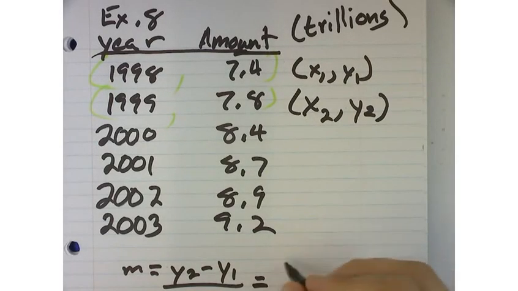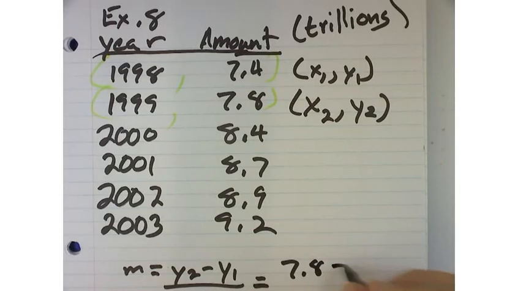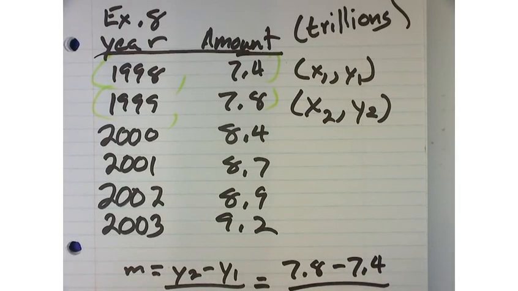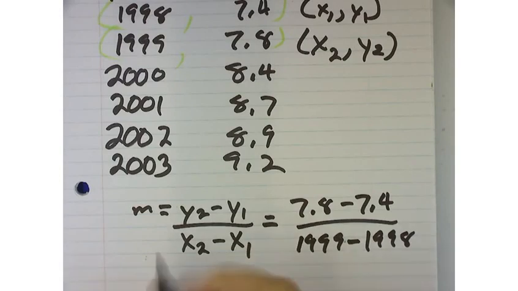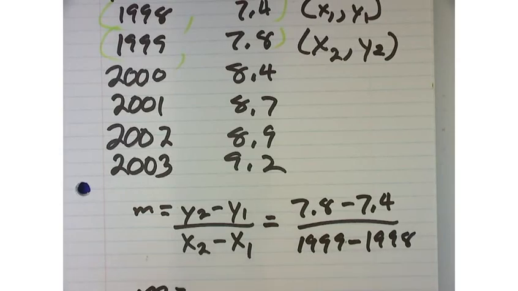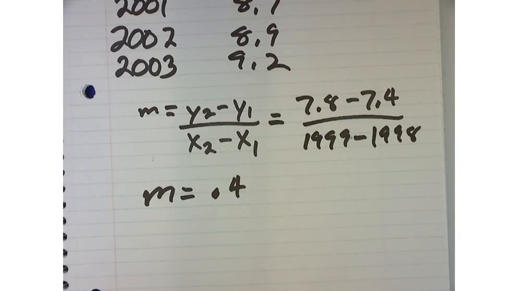So y sub 2 is 7.8 minus 7.4, and then on the bottom I've got 1999 minus 1998. So then my slope is very small, 0.4 over 1.